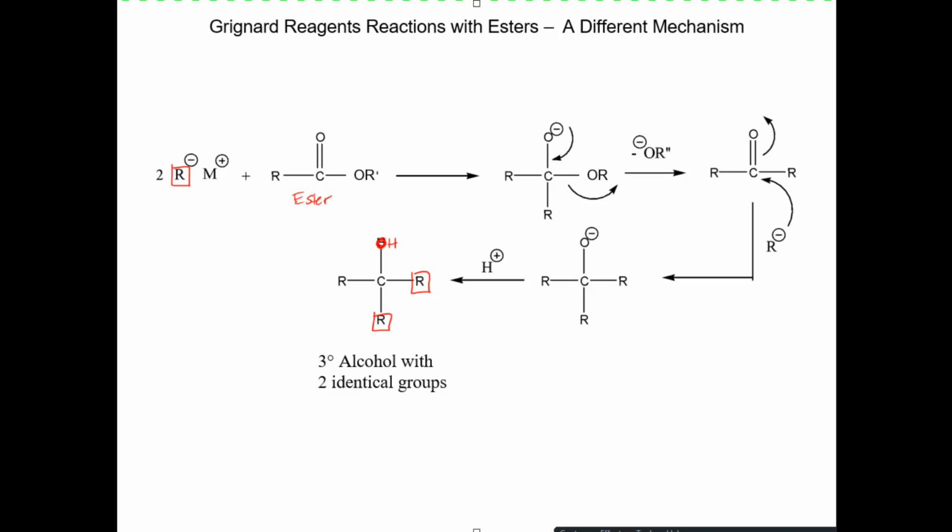And here's what happens. The R- comes in and attacks the carbonyl in the normal way. And I'm going to say this over and over again this semester in this class: whenever you add a nucleophile to a carbonyl and form the alkoxide, that O- always wants to reform a carbon-oxygen double bond.